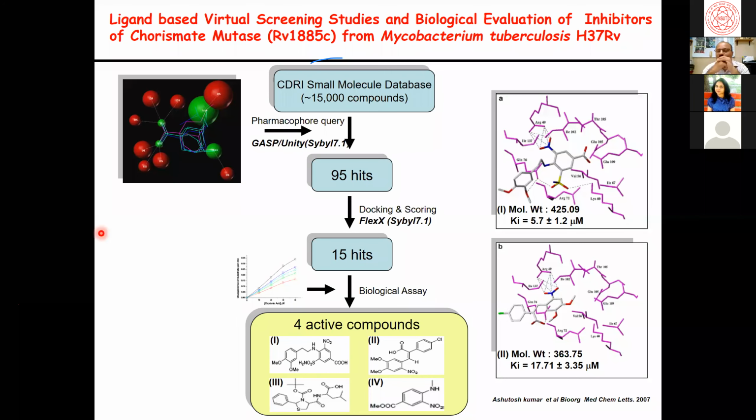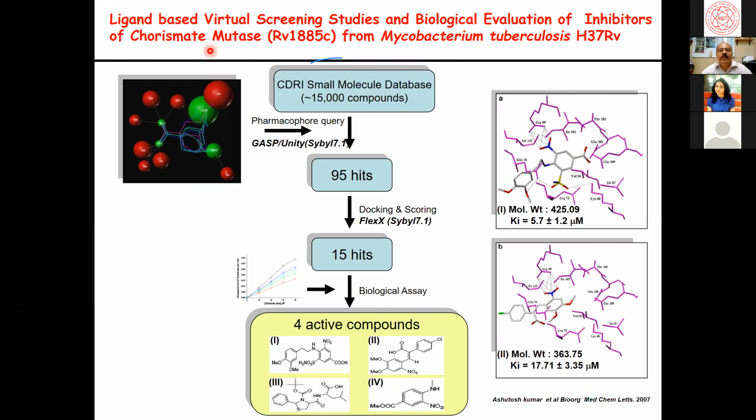So we started using these methods of virtual screening way back in 2004 or 5, when we started developing models of virtual screening to identify hits. One of the very early examples was where we used ligand-based virtual screening for identification of chorismate mutase inhibitors.